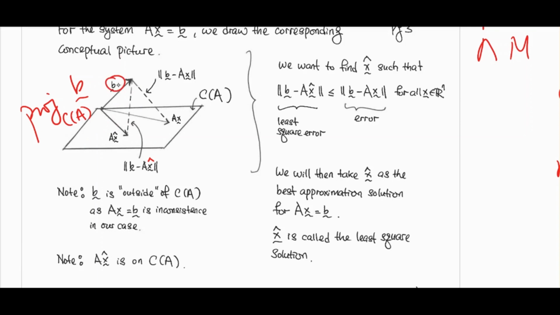So if you project your B onto the column space of A, shine a light, it casts a shadow here. This shadow here is fixed, it's not changing.